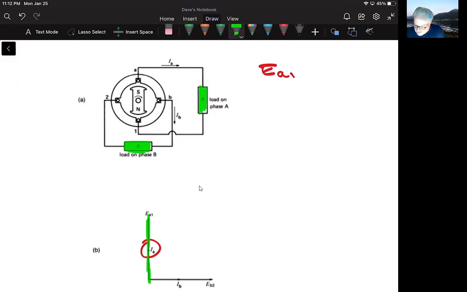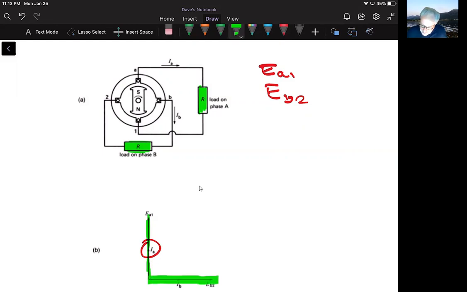We also see that this voltage is 90 degrees in front of the other voltage that is generated, which we're going to call EB2, or phase B or phase 2, whichever way we want to think of that. And it lags EA1 by 90 degrees.